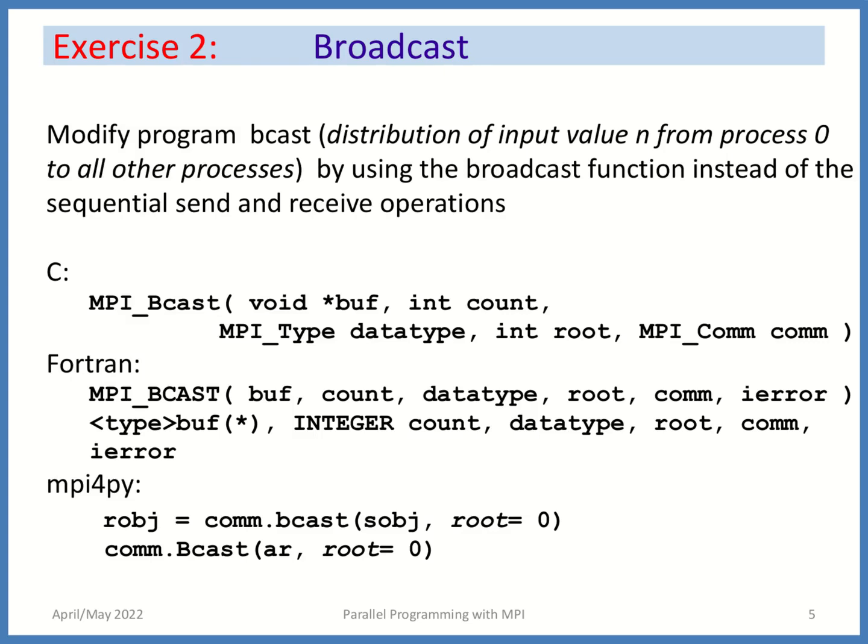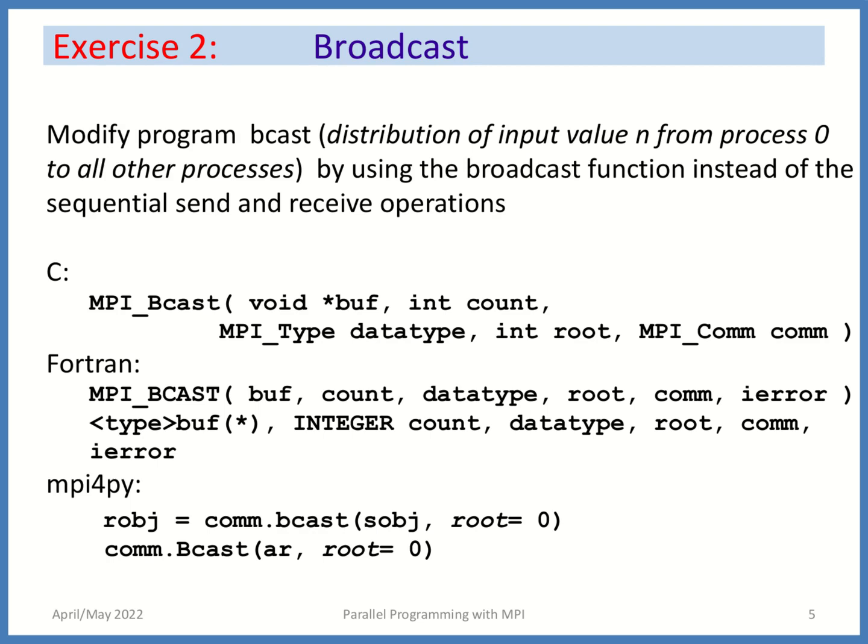Okay. Now we want to discuss the broadcast, a very simple example, for distributing input values from process 0 to other processes. So that's often a task you have to do. You have an algorithm with some input values.